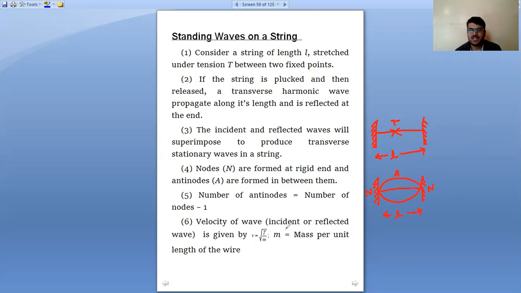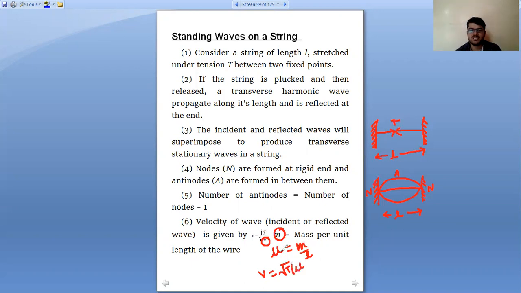Now we know, here you can see this is M. M is what they have given as mass per unit length. You replace this with mu. Mu is equal to what? Mass per unit length, because we have denoted mu before also. So you change here: v is equal to under root of T by mu.